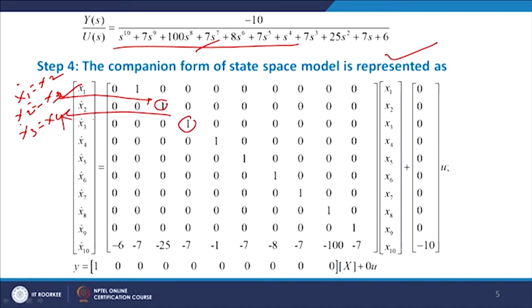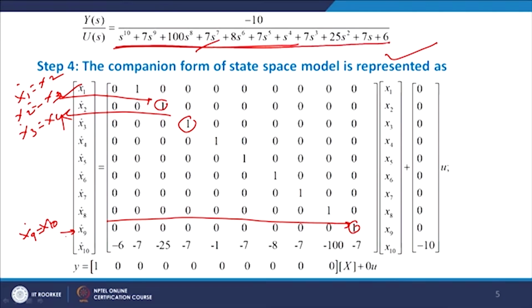Similarly, for x9 dot equal to x10, you will find 0 0 0 0 1, and this 1 corresponds to x10.